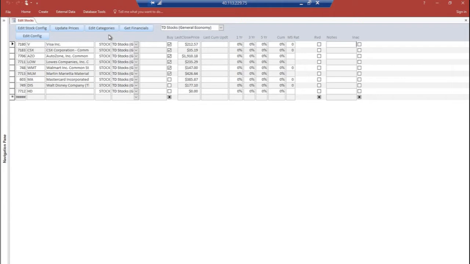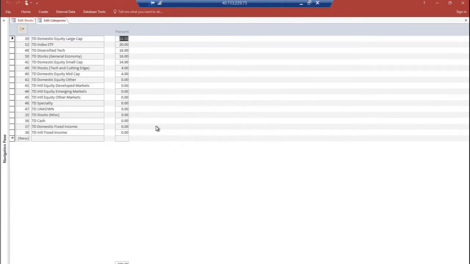And as far as how I allocate the categories, I can click Edit Categories, and you can see most of what I have is large cap. 24% of my portfolio is large cap. I have 20% in index funds. I carry SPY and VOO in my index funds. I have some diversified tech, heavy in tech, 18%. General economy stocks like Walmart and so on have 16%.